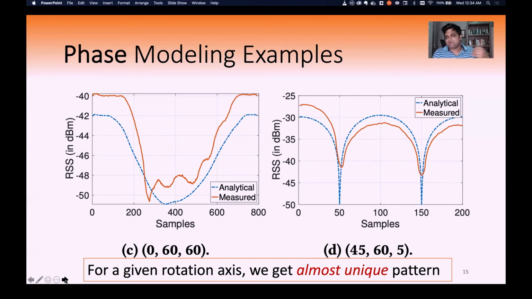Another interesting observation: for different rotation axes, we can get almost a unique pattern. So if we have these patterns from RSS and the phase, we can estimate the corresponding rotation axis.